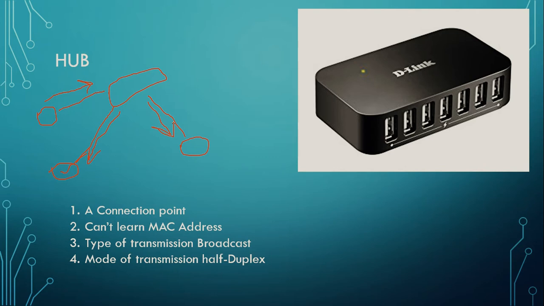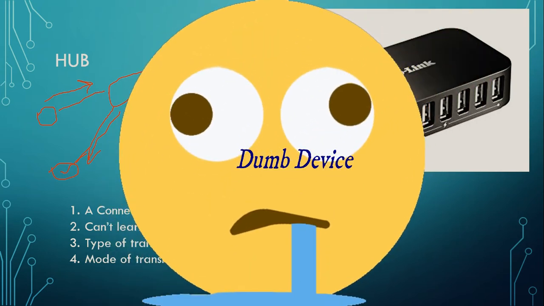Every incoming bit is replicated on all the other interfaces, and hub cannot learn MAC addresses. Even after the first transmission, hub cannot learn the MAC addresses. That's why it's a dumb, non-intelligent device.